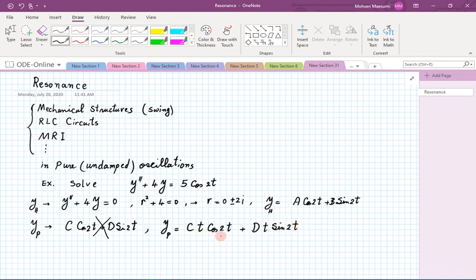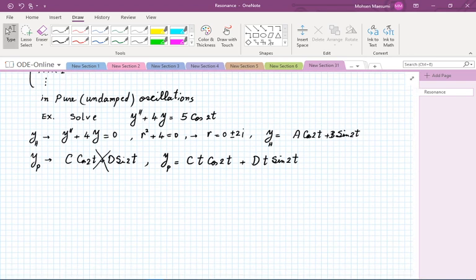Now I see that this term is not a copy or a multiple of that term, nor is this one, and now our solution is going to be successful. So what are we supposed to do? We are still applying the method of undetermined coefficients, but our starting trial function is a bit more complicated. So I'm going to take a derivative of this, plug it back here, set the two sides equal to each other, and figure out what coefficients c and d will do the job for us.